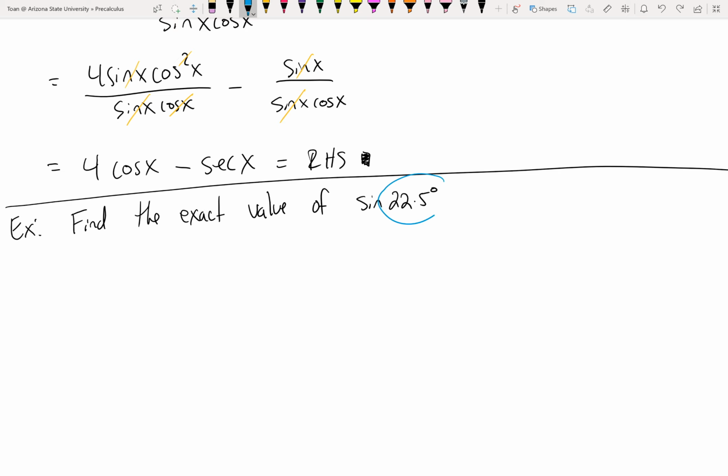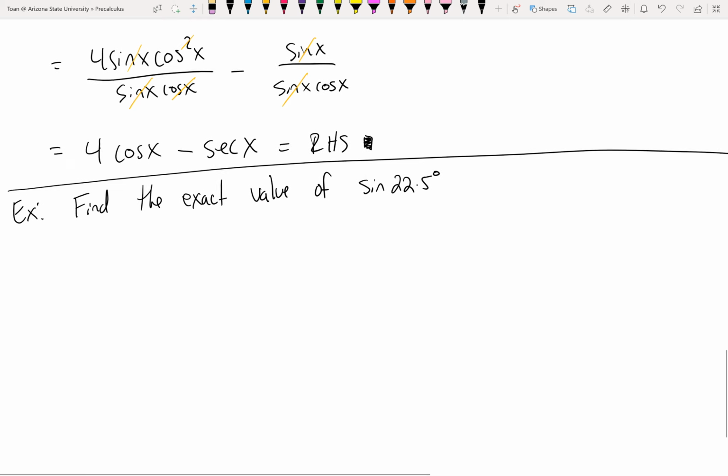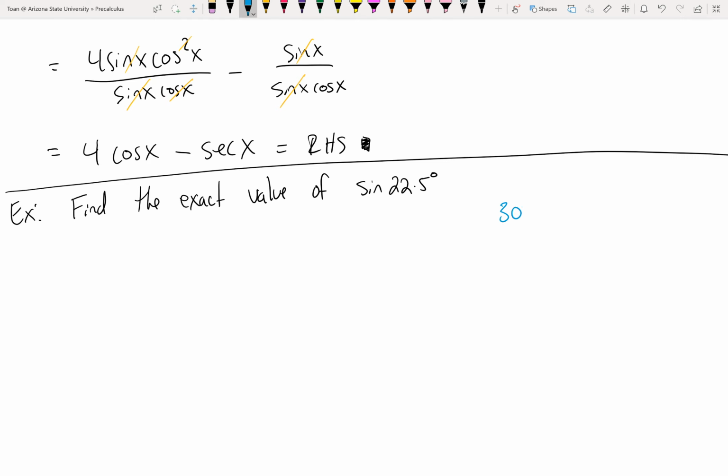Now, of course, 22.5 degrees is not a special unit circle angle, so we're going to think of the special unit circle angles. So in terms of degrees, because that's what we're in, the special angles are 30 degrees, 45 degrees, 60 degrees. Now, we've just learned sums and differences, but now I'm adding on doubles and halves.